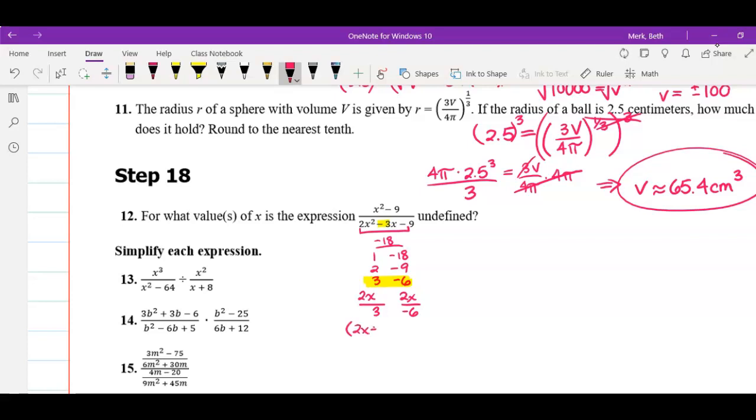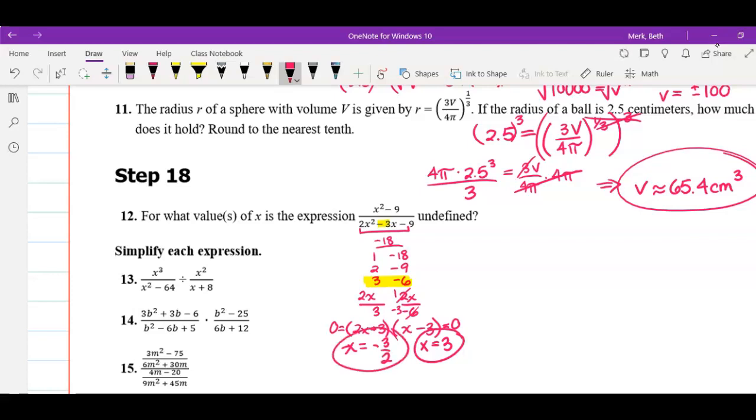If I cannot reduce, I just write it as is. But over here I can reduce, and I'm left with x minus 3, 1x over negative 3. I set each piece equal to 0 and solve. This gives me x equals 3, and this gives me x equals negative 3/2.